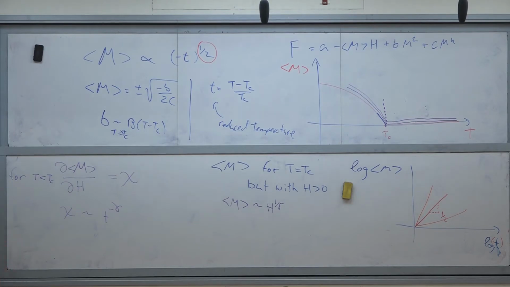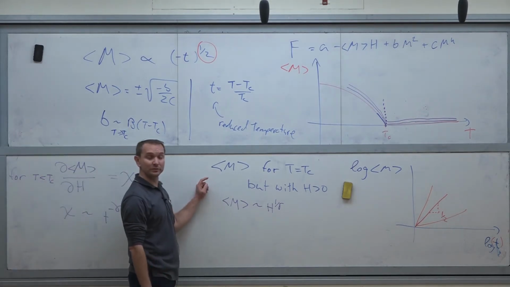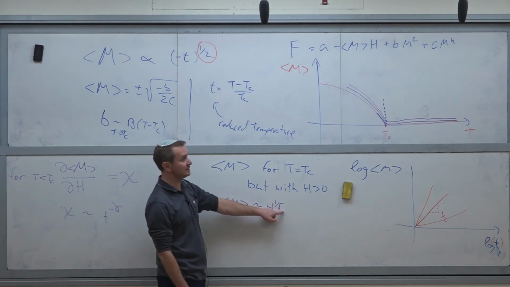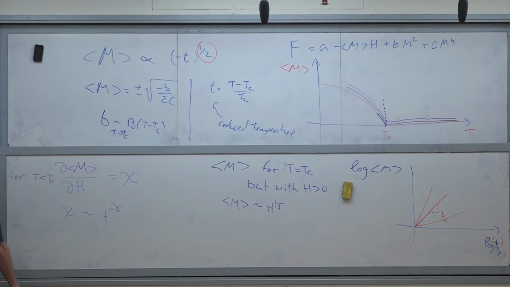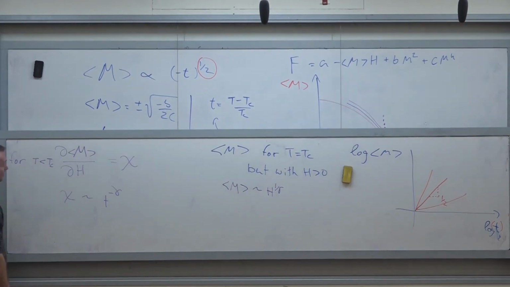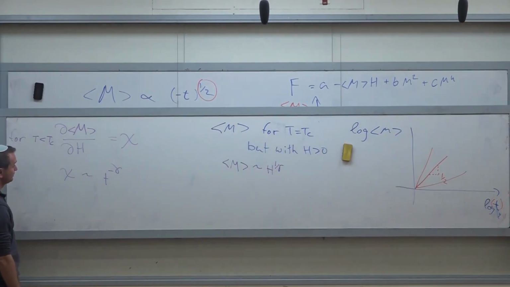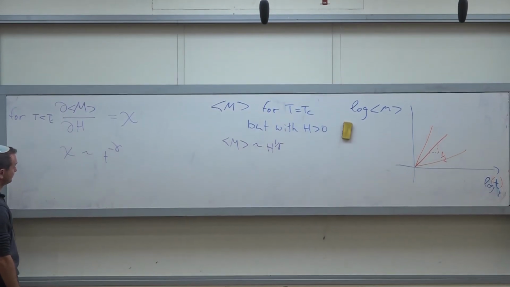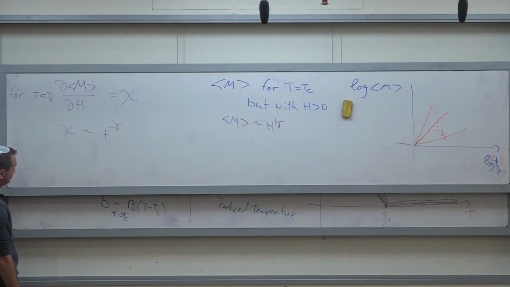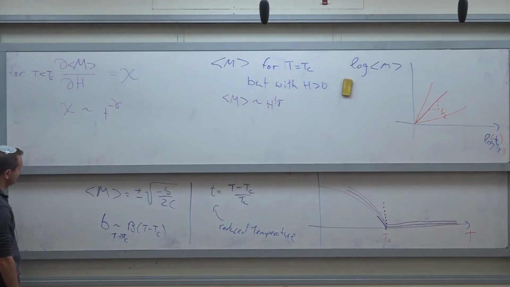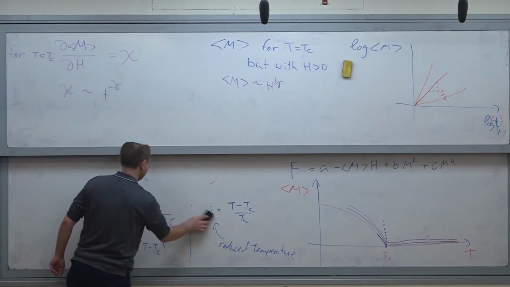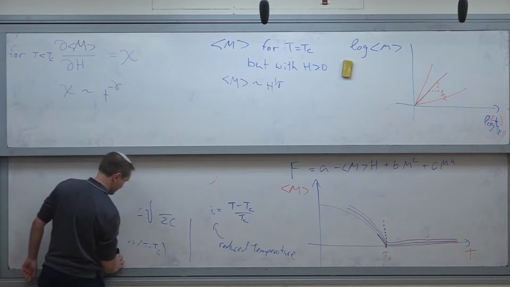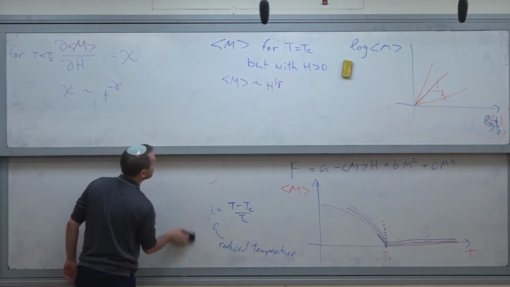Now let's try to compute, for our mean field approach, what exactly this delta and this gamma are.